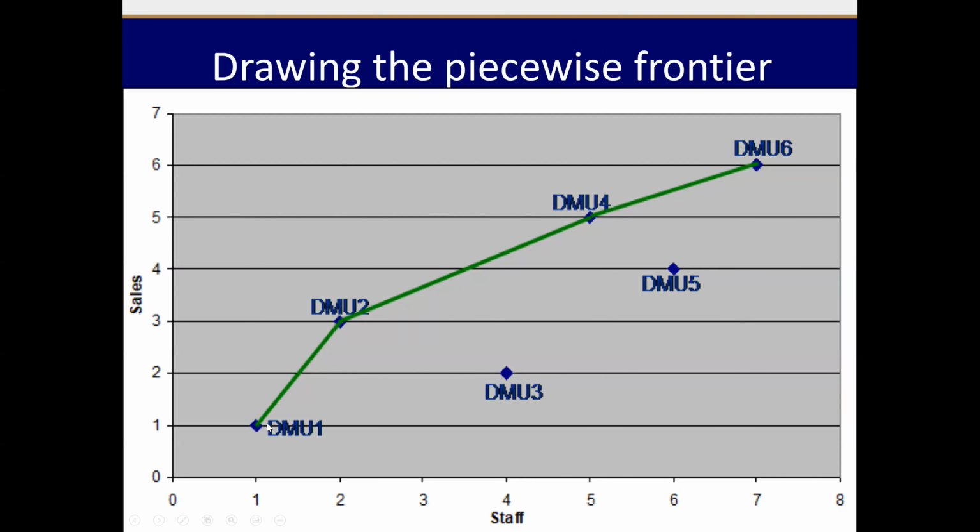And then those firms on the extreme left in this context, remember this is input and output. Okay, it will pick them, the first one, it will draw a line from the first one to the next one, and so on, to the extent that by the time those piecewise lines have been drawn, there is no DMU on the left of the lines of the constructed green frontier. So how does it do that? This is it. Watch.